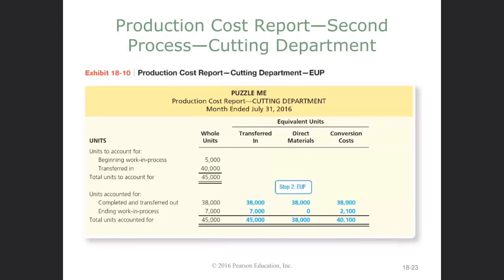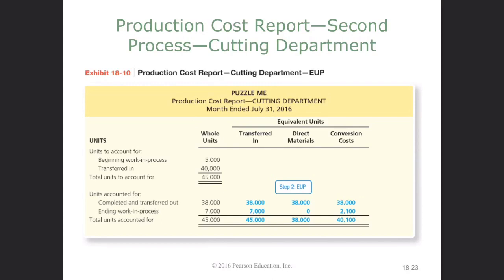And then for our second step, the EUP, we actually have some that were transferred in in this example. So we see here units to account for, we had a transferred in of 40,000. When we're accounting for units accounted for, we had 38,000 transferred in, and our ending work in process was 7,000.